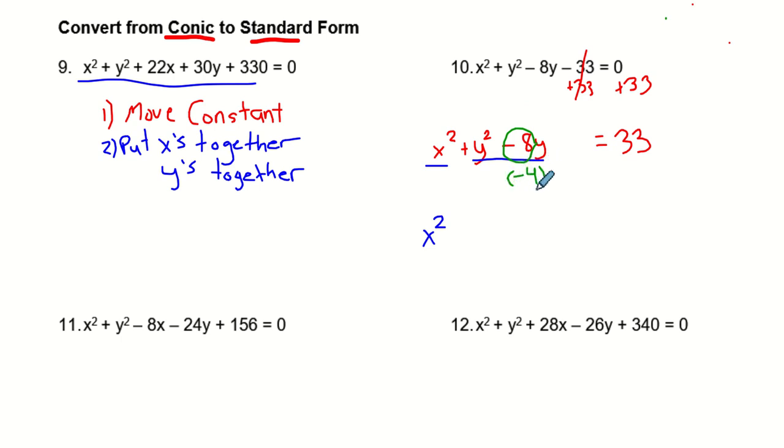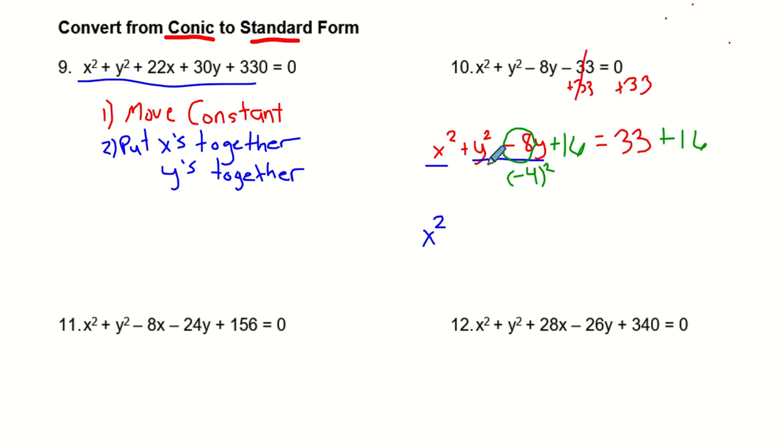When you square that, make sure you put it in parentheses, because a lot of you will square -4 and put -16. -4 squared is not -16. It is +16. So guys, please make sure you're not making that mistake. This number, when you complete the square, will always be positive, because every number squared is a positive number. But because we add 16 over here, we have to also add 16 over here.